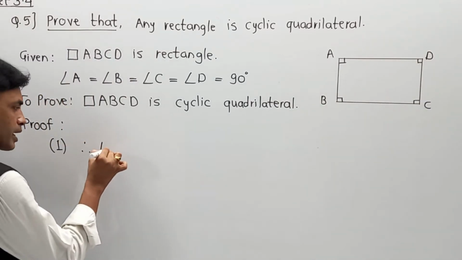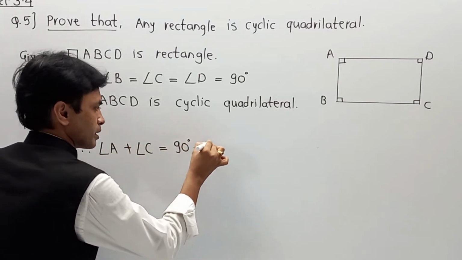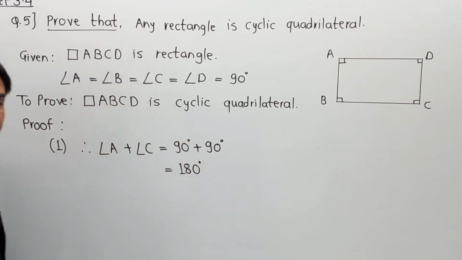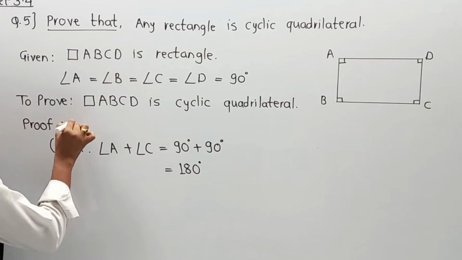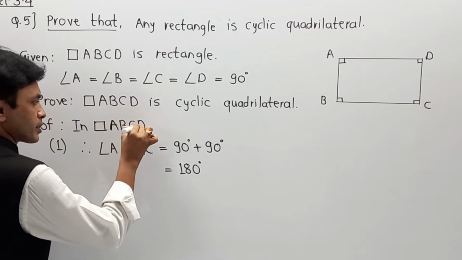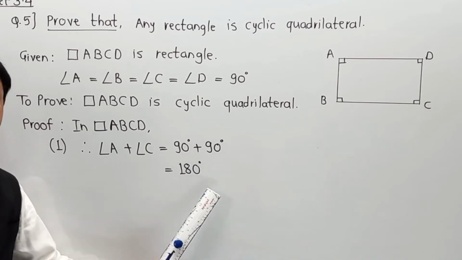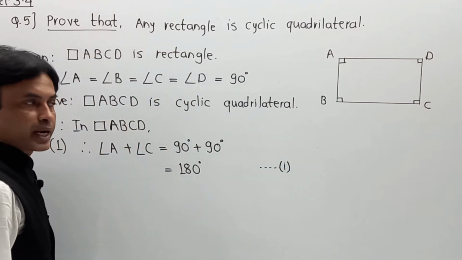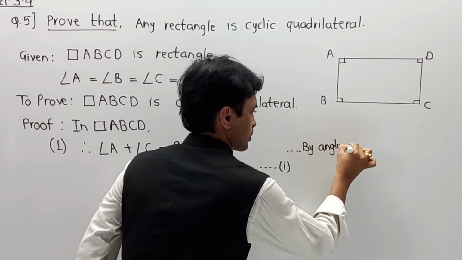I would write angle A plus angle C is equal to 90 degrees plus 90 degrees, and that is nothing but 180 degrees. As we are discussing this property of ABCD, in the proof I will write: in rectangle ABCD, angle A plus angle C, that is 90 plus 90, is equal to 180 degrees. I will write that as equation number 1, by angle addition property.